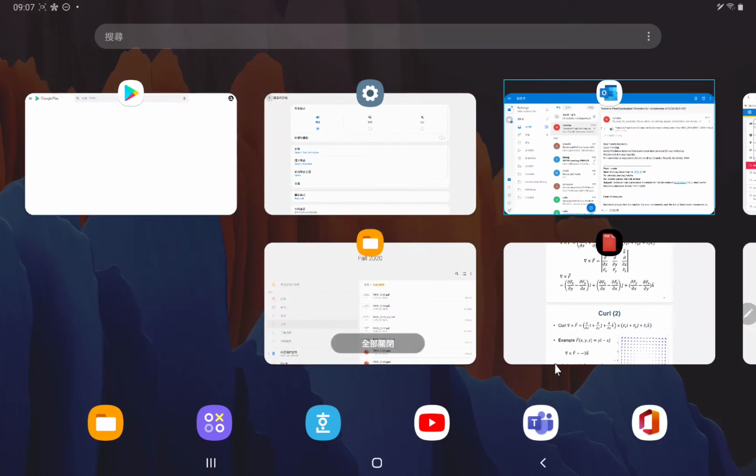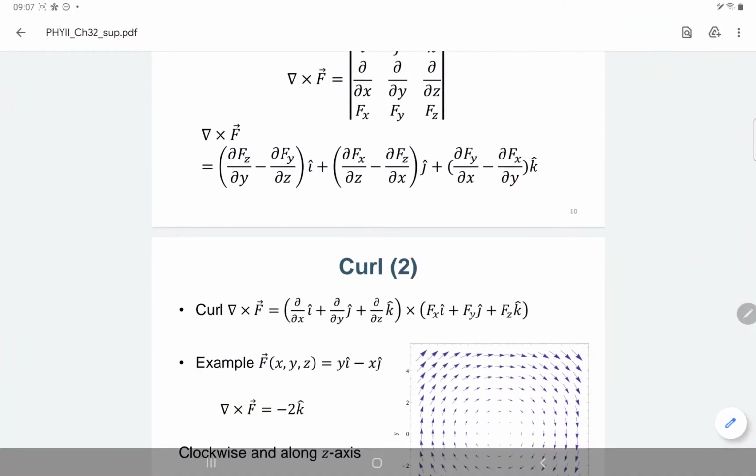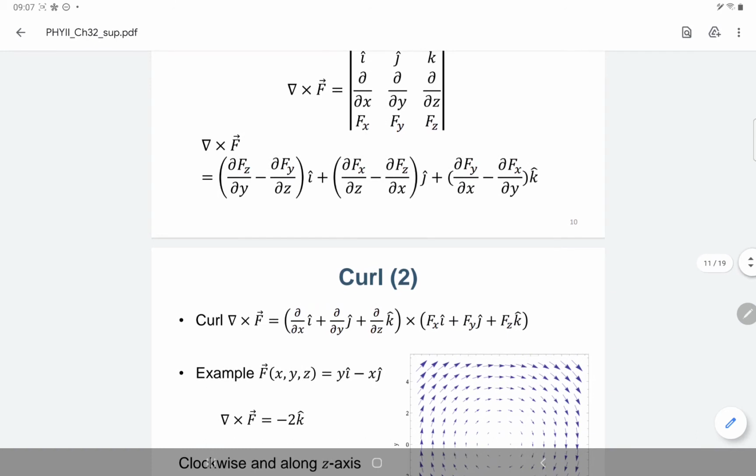This is the definition of the curl of F. Making use of this, we can calculate the curl of the E field or B field or any vector field. So it looks like this.